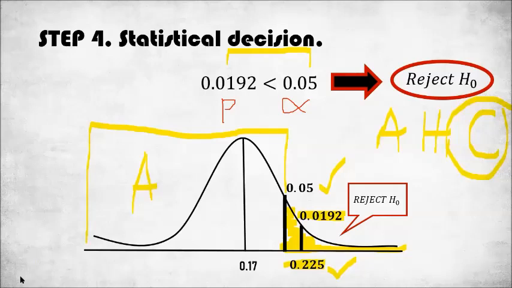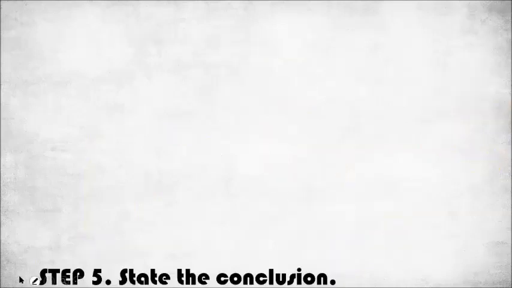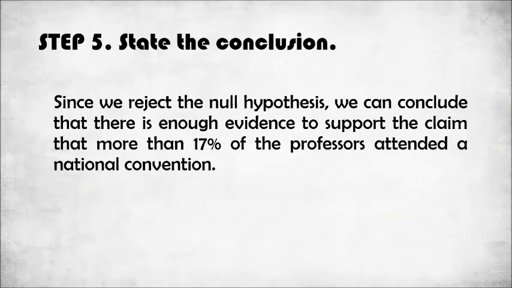So let us provide the conclusion. Since we reject the null hypothesis, we can conclude that there is enough evidence to support the claim that more than 17% of the professors attended a national convention. Nireject natin ang null hypothesis.